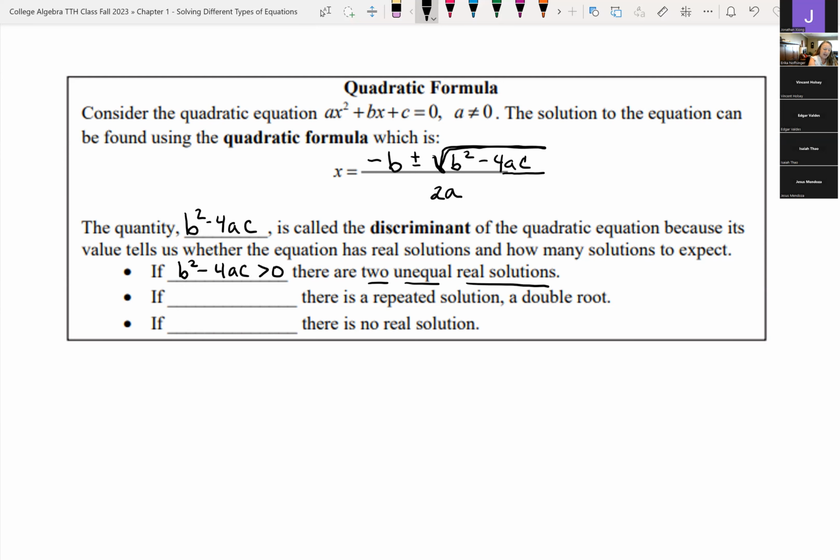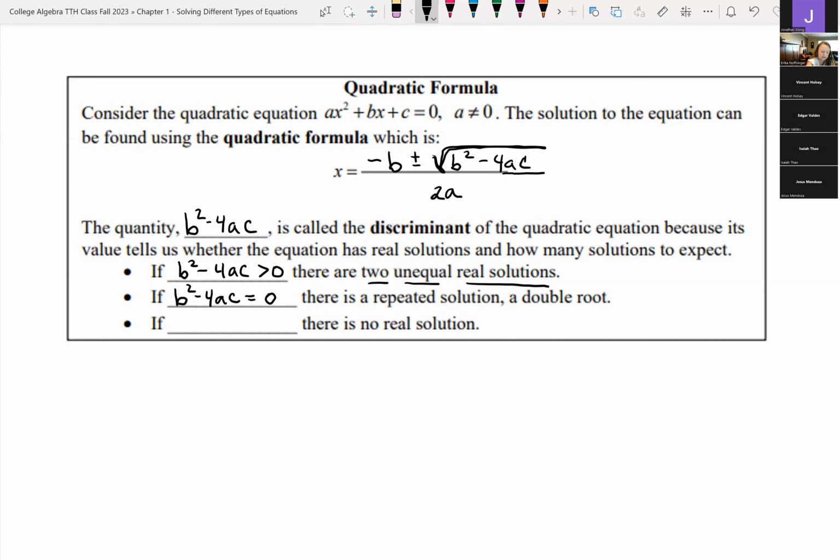But if we have b squared minus 4ac equals 0, then we only have one solution. And they are telling you that it's a double root, which I've never heard before. But basically, what we had talked about before, the multiplicity is going to be 2.